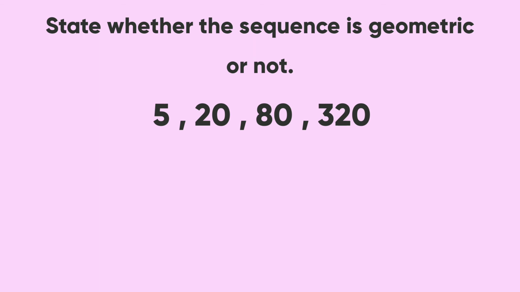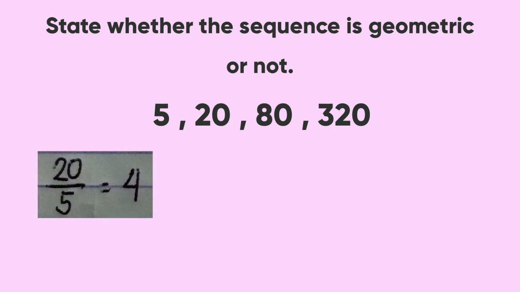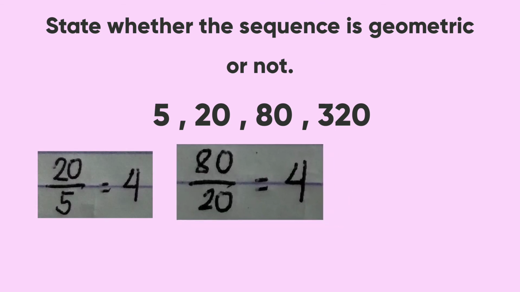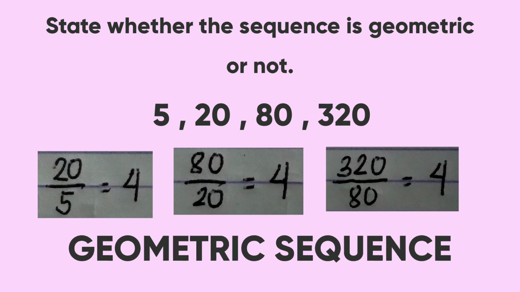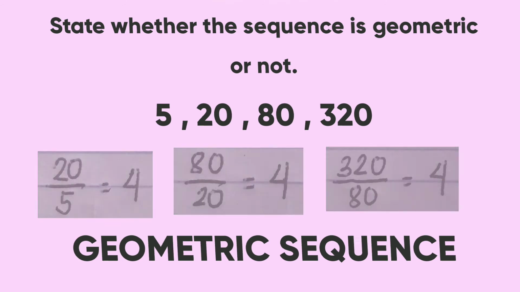To get it, we will divide the second term to the first term, the third term to the second term, and the fourth term to the third term. So, 20 divided by 5 equals 4, 80 divided by 20 equals 4, 320 divided by 80 equals 4. So, this sequence is a geometric sequence because it has the same common ratio, which is 4.